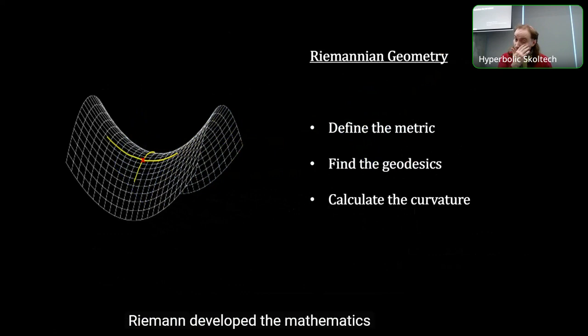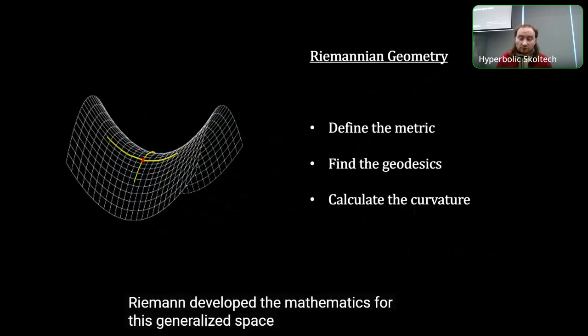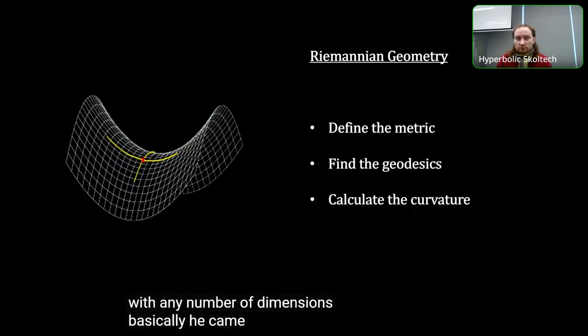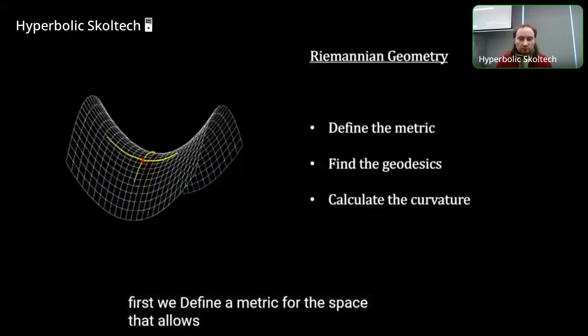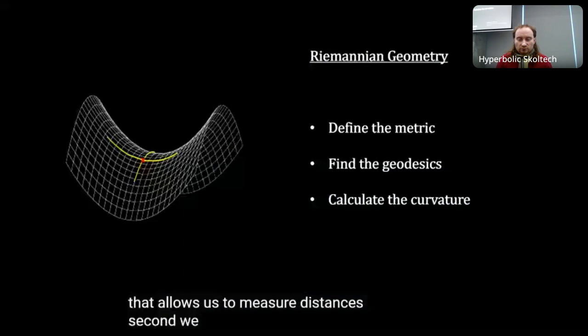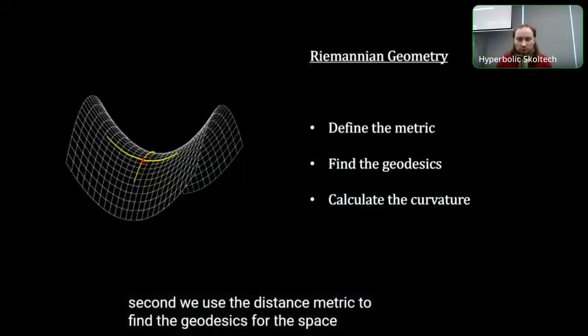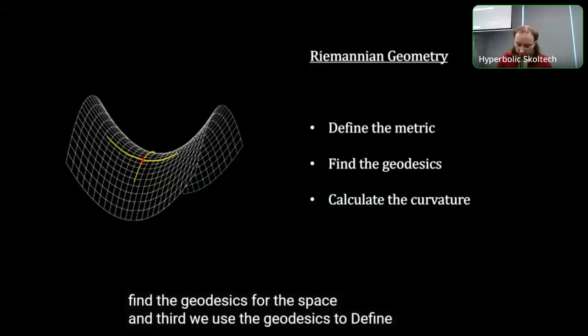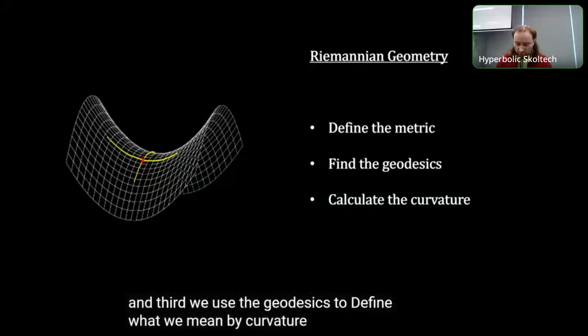Riemann developed the mathematics for this generalized space with any number of dimensions. Basically, he came up with a three-step process. First, we define a metric for the space that allows us to measure distances. Second, we use the distance metric to find the geodesics for the space. And third, we use the geodesics to define what we mean by curvature.